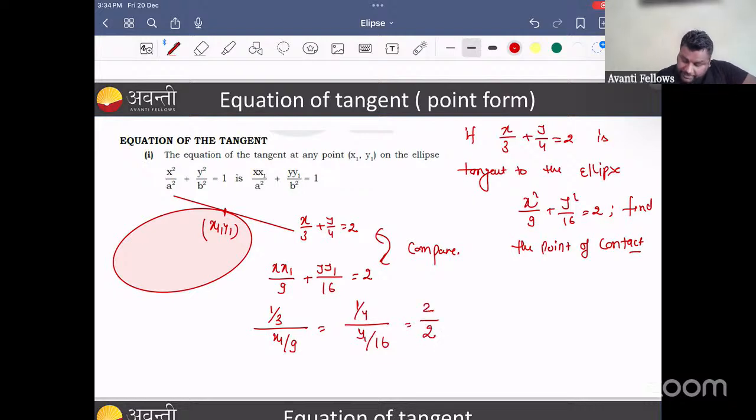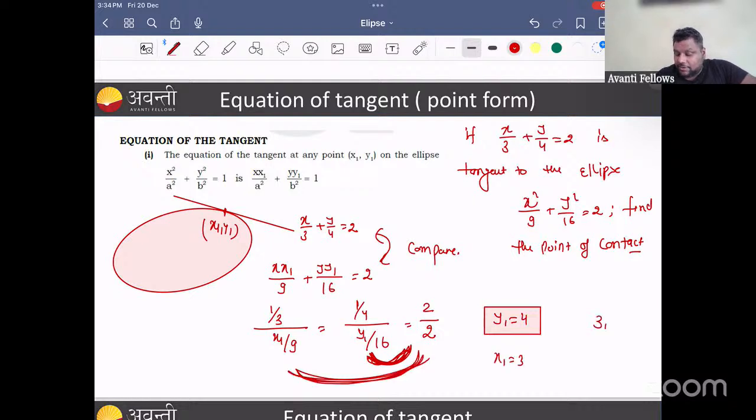Now, if I equate these, your y1 will be 4, and your x1 will be 3. So this 3 comma 4 is your answer. This is how we reverse compare and find the point of contact.